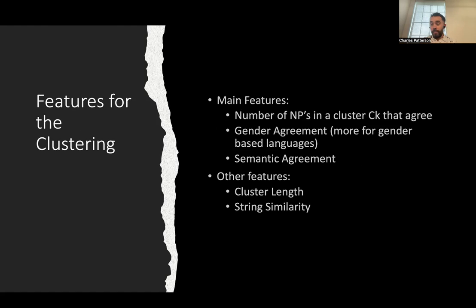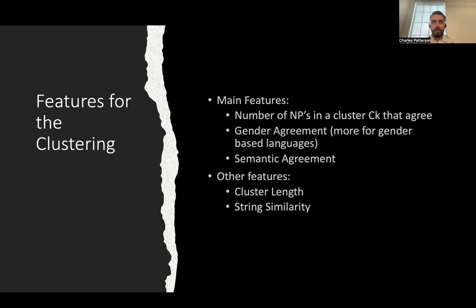Okay, so the features for this model are going to include the number of noun prepositions in a given cluster that agree. So essentially you'll take the number of noun prepositions within that cluster, and you're going to see how many of those seem to agree with each other. In more gender-based languages, you might look at gender agreement.